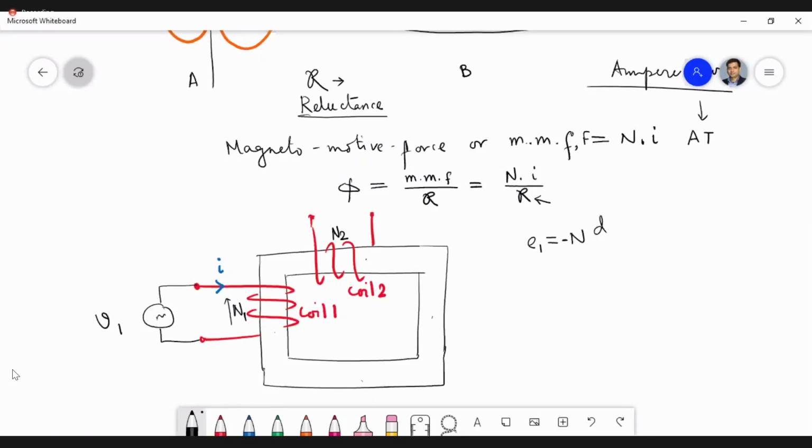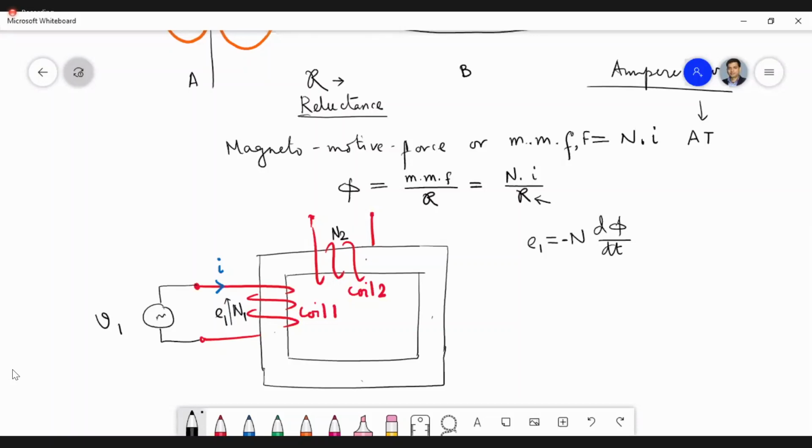So E1 equals minus N d phi dt. Now you should know the nature of the flux, then only you can evaluate the voltage E1. To know the actual expression of E1, you should know what the flux is.